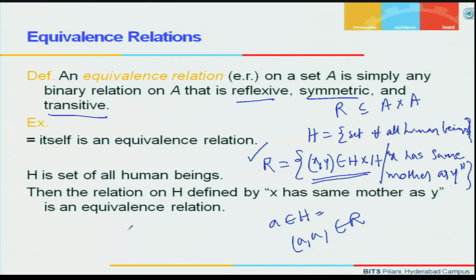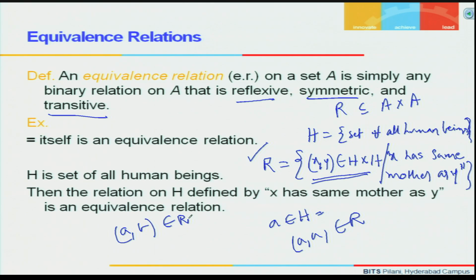Okay, and now I say this: A comma B belongs to say R. Then what does it mean? I'm proving the symmetric property here. I'm saying that A comma B is in relation R, which means A has same mother as B. Once I have this statement, I can also say that B has same mother as A, isn't it?